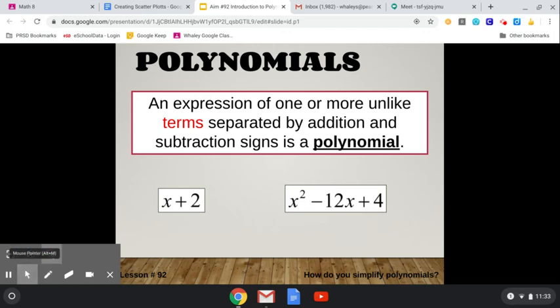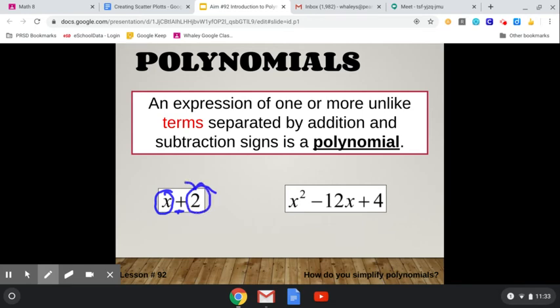So for instance, in this first one, one of the terms is x, and then since there's an addition sign, the next term is positive 2. We actually take the sign that's with it. So we say positive 2 and x are the two terms in that one. Now, the next one after that says x squared minus 12x plus 4. That thing actually has three terms.